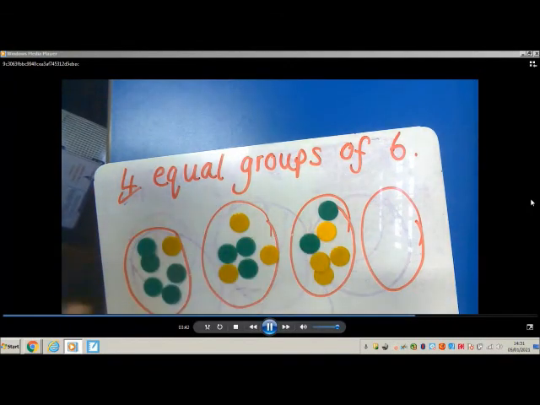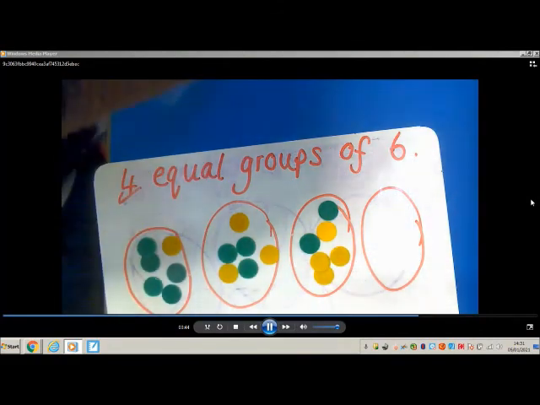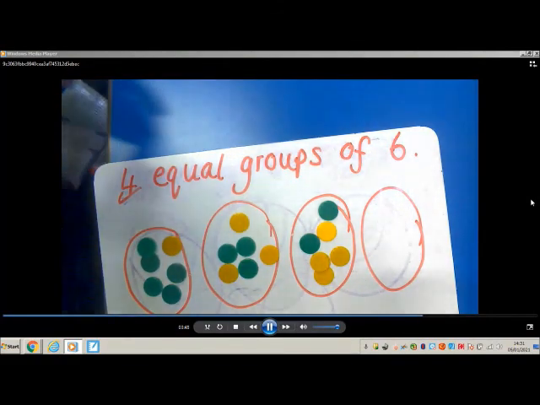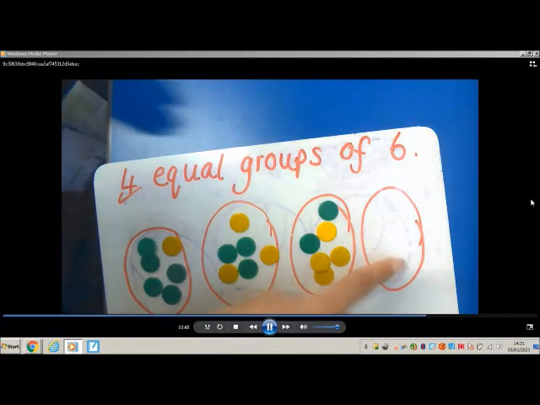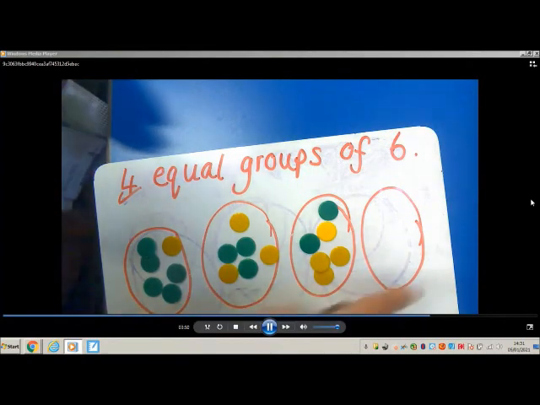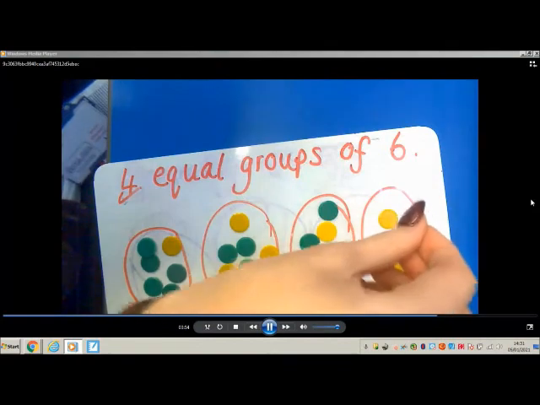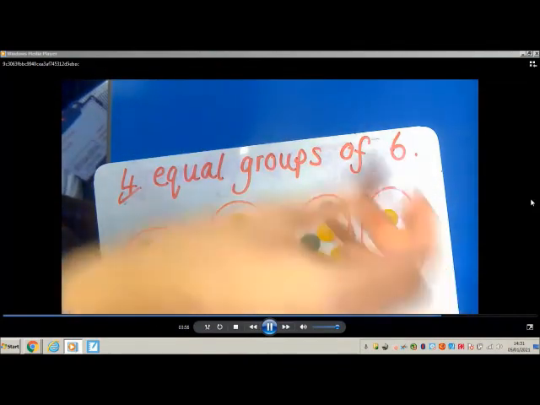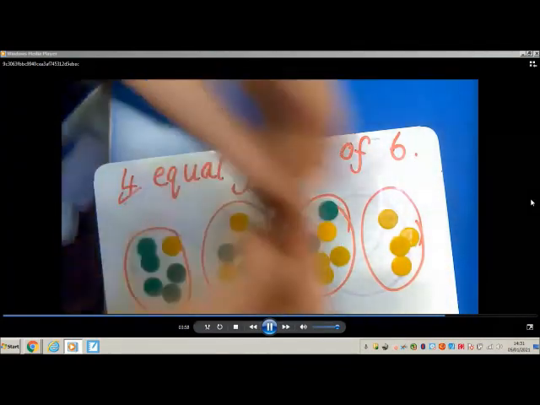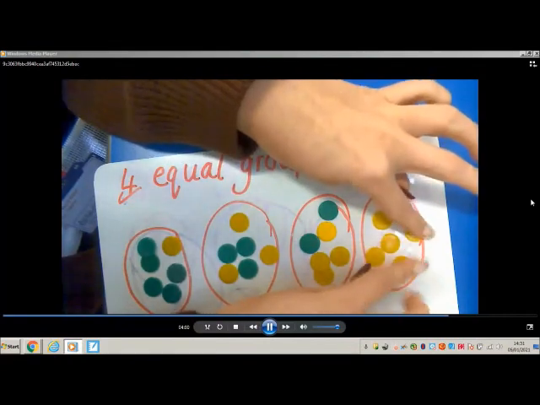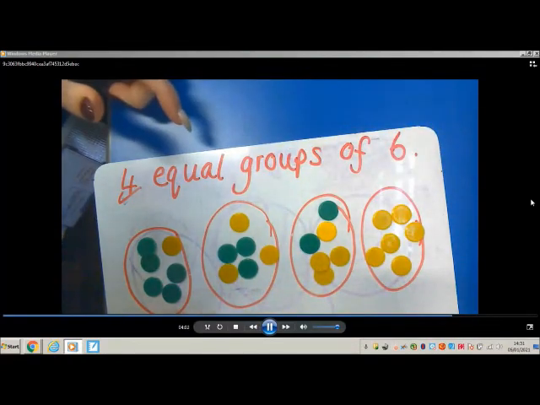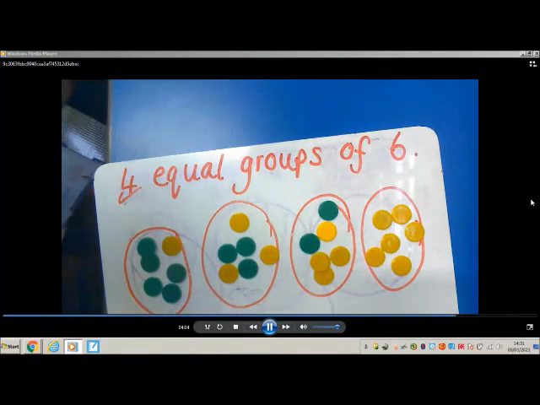They've all got 6 in them. You're right. I need 4 equal groups. I've only got 3 at the moment. So let's keep going and fill in this last group. 1, 2, 3, 4, 5, 6. Excellent. I've made 4 equal groups of 6.